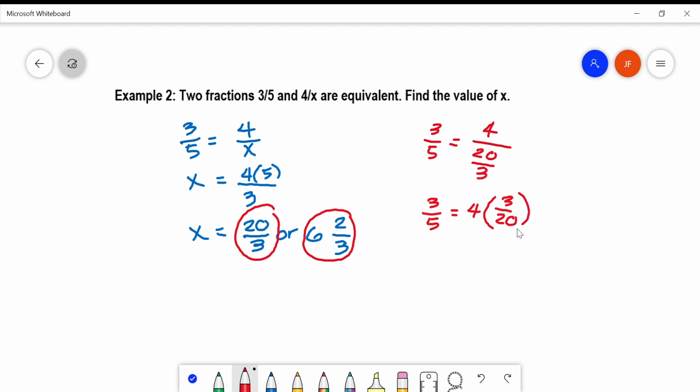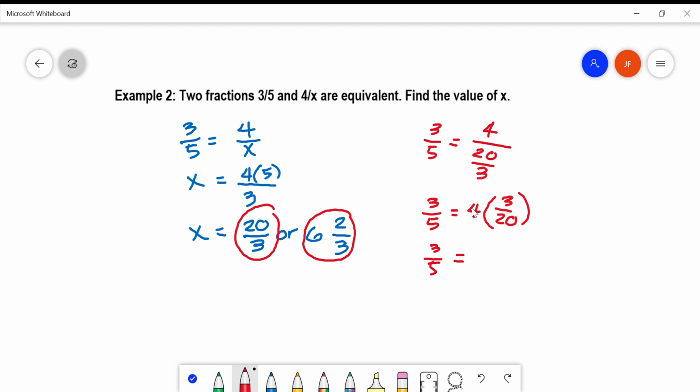Now before multiplying, let's see if we can cancel. Okay, so here we see that 4 and 20 have a GCF, or a greatest common factor. Take note that 4 as a whole number is understood to be a numerator having a denominator of 1.